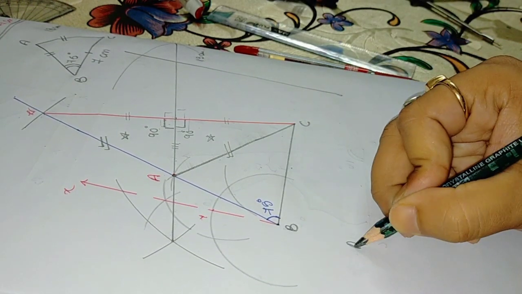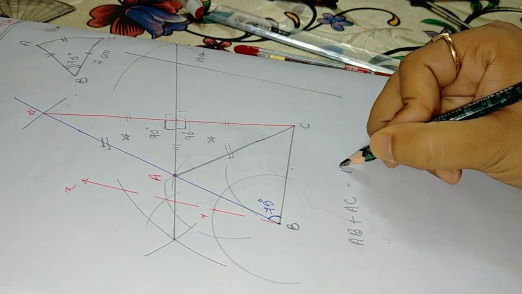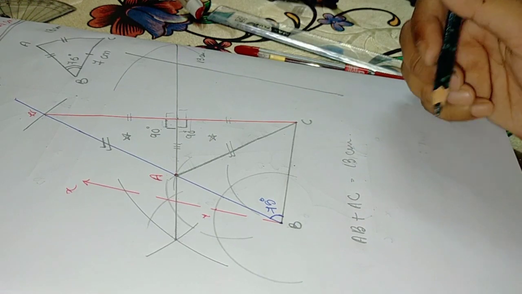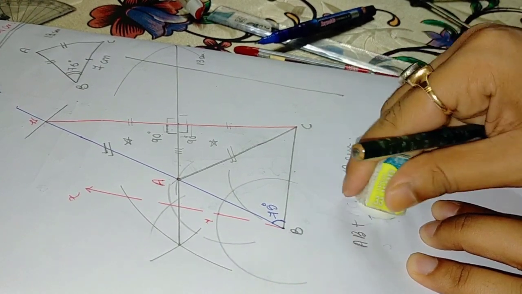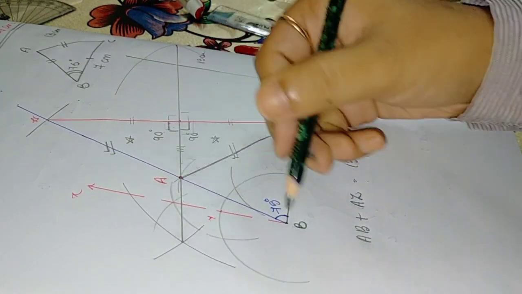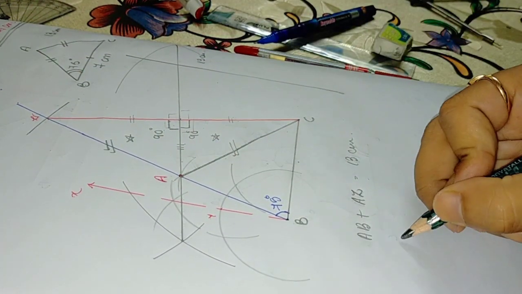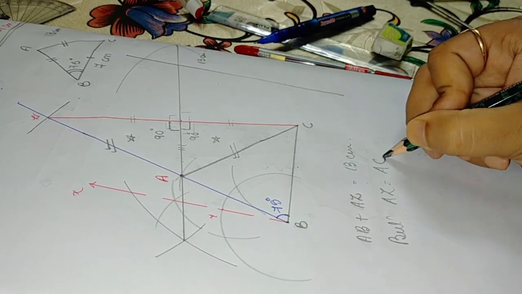I'm saying that AB plus AC is equal to 13 centimeter, isn't it? AB plus AC is equal to, oh extremely sorry, it will be AB plus AZ. AB plus AZ is equal to 13 centimeter, isn't it? But what I have said, AZ is equal to AC.